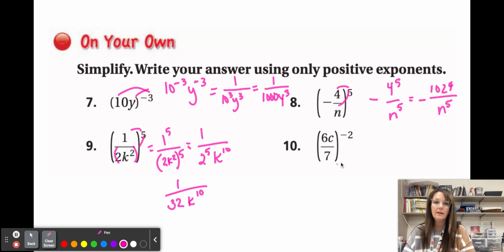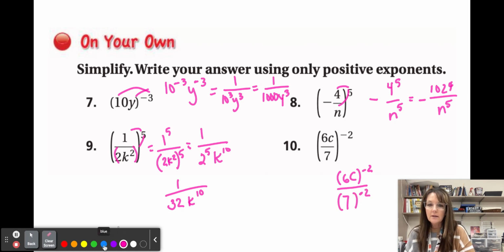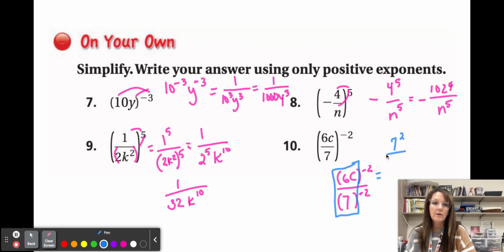Okay. This is negative, so we're going to do this 6c to the negative 2 over 7 to the negative 2. So we want the reciprocal of this fraction, so that we can make these positive. So we'll have 7 squared over 6c squared.